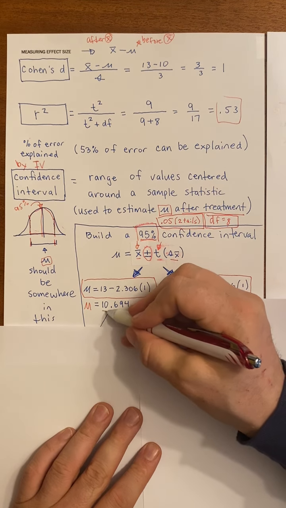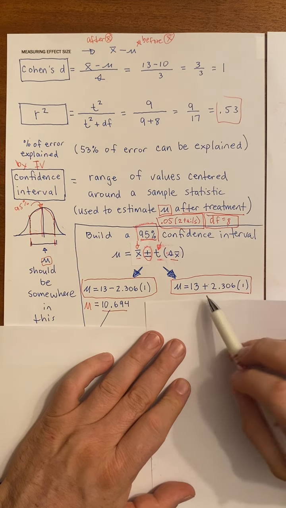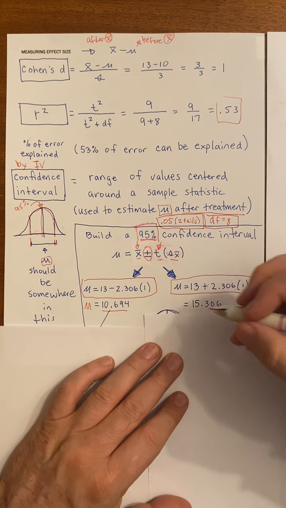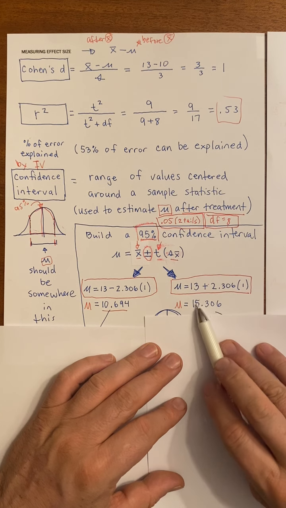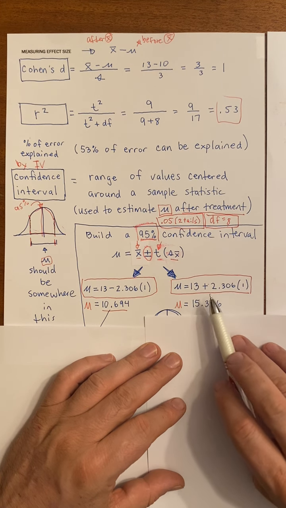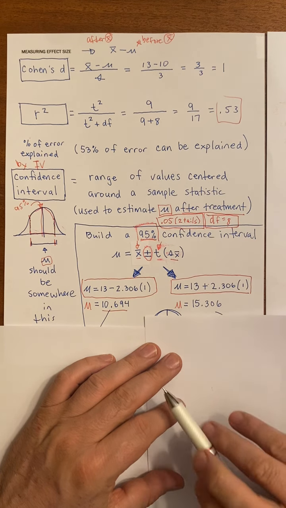So that's how we got the 10.694. On this side, I'm going to solve for mu, but this time it's going to be 15.306. How am I getting the 15.306? Well, this time it's 13 plus the 2.306 times the 1.